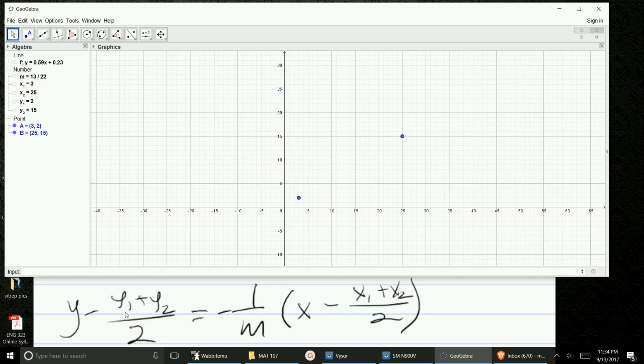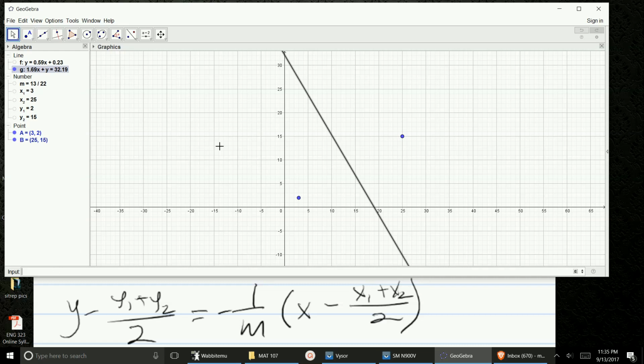That's what m is, but now let's do this. This is y minus the y coordinate of the midpoint equals negative 1 over m times x minus the x coordinate of the midpoint. To me, this is just amazing that happened.